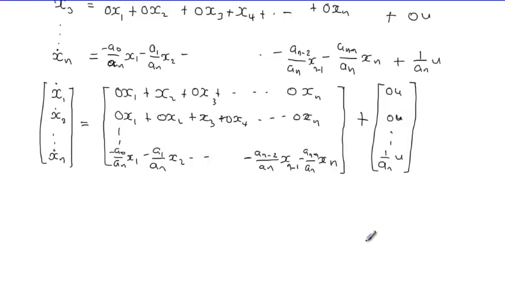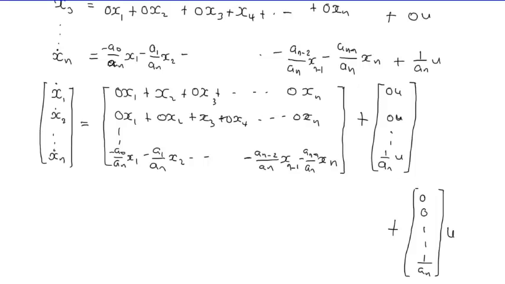Here we can take out the common factor u and leave 0, 0, dash dash, 1 over an, multiplied by u.